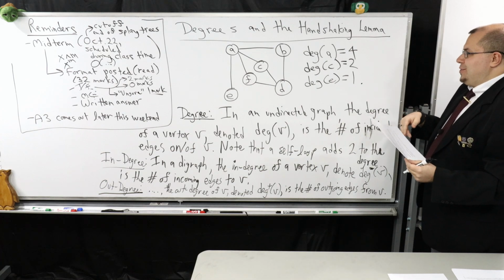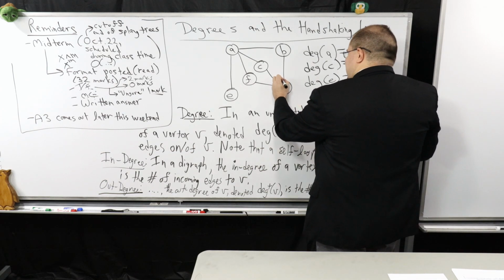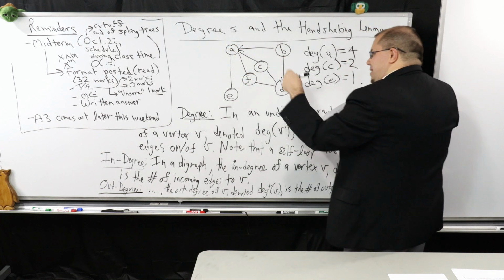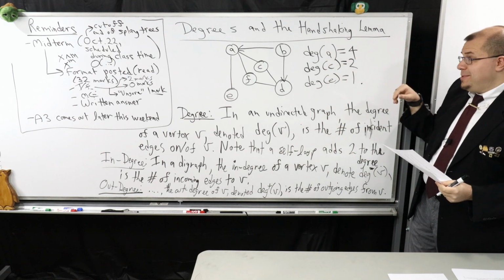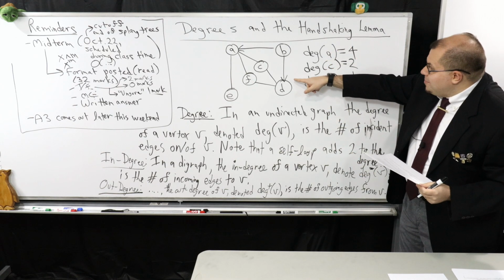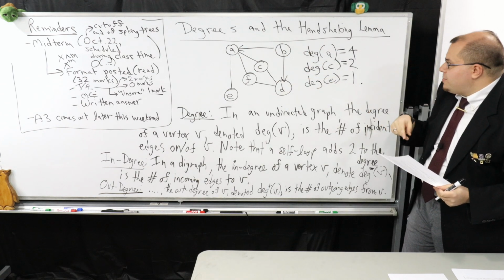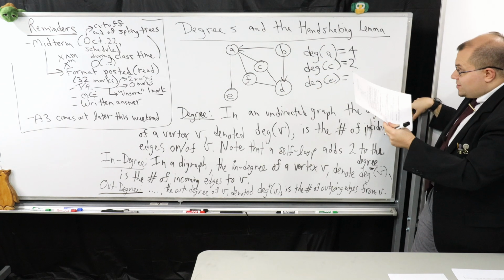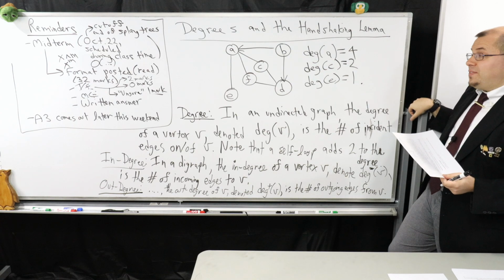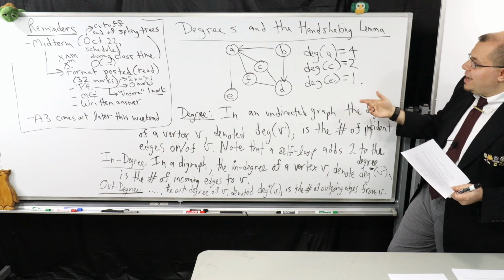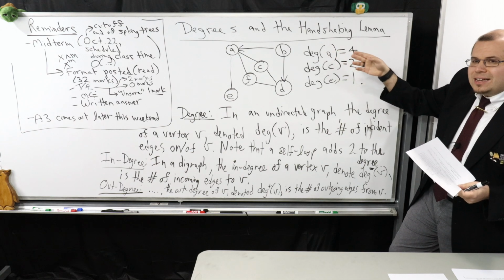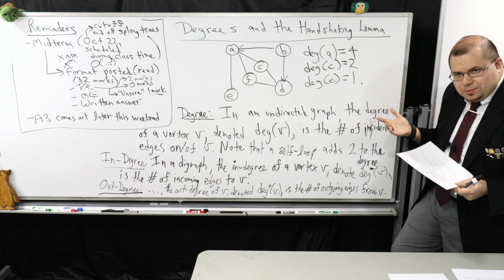For example, imagine if I added 2 directed edges like this. Don't worry, I'm not going to be using this example a whole lot, but I just want to point it out. Notice if there are 2 arrows leaving out of here, that means the out degree of this vertex, say B, is in fact 2. But if 2 were pointing in, I would say the in degree is 2.